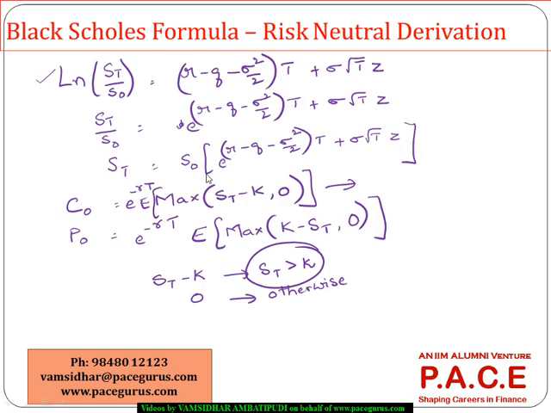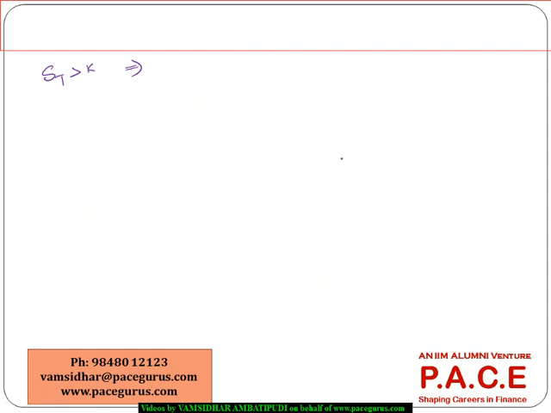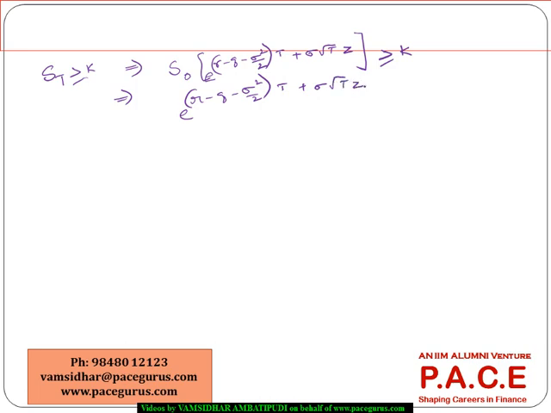ST is nothing but S naught into this, so that should be greater than K. So S naught times e to the power of (R minus Q minus sigma squared by 2) times T plus sigma root T Z, this entire thing should be greater than or equal to K. Again, a simplification: e to the power of (R minus Q minus sigma squared by 2) into T plus sigma root T Z is greater than or equal to K by S naught.